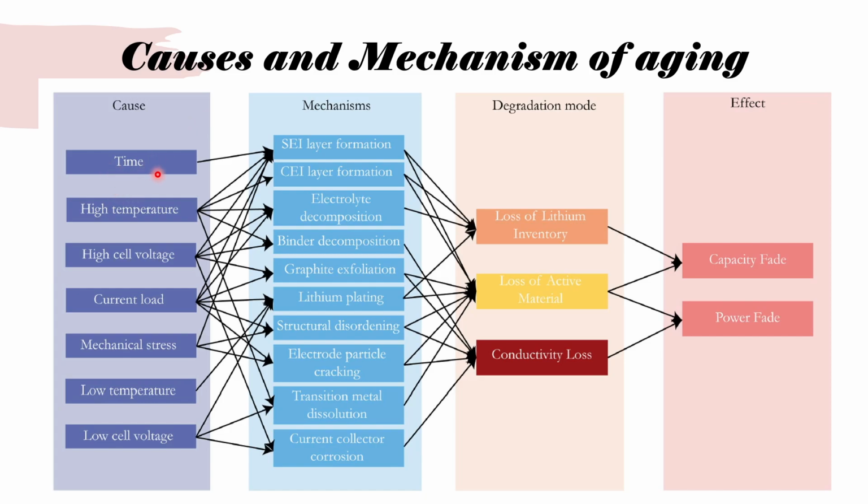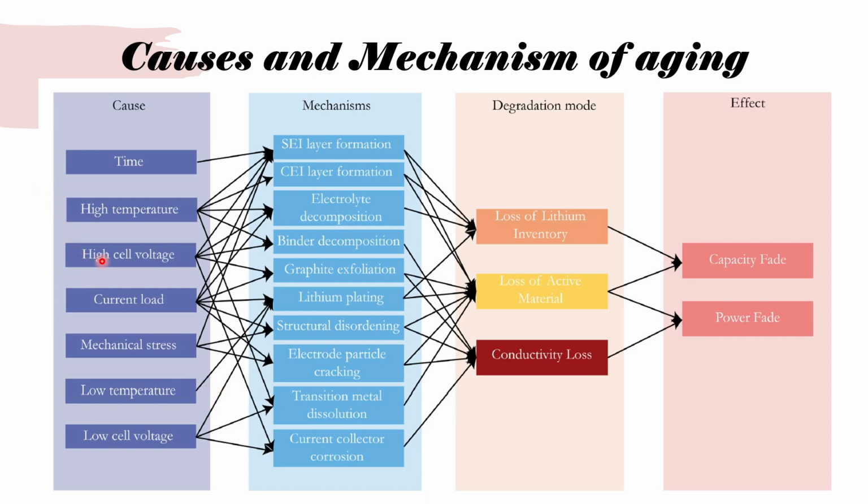So time is one of the reasons which leads to degradation. We saw in the previous slide what is calendar aging. Even without applying any load, over time cell degrades. So time is one of the factors. High temperature or low temperature are another important reason. So if you're operating your cell in extreme temperature conditions, then the degradation will increase.